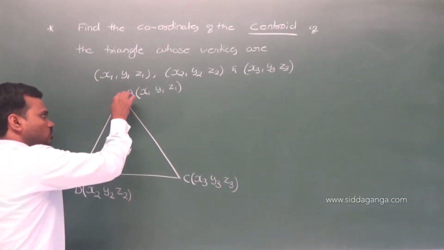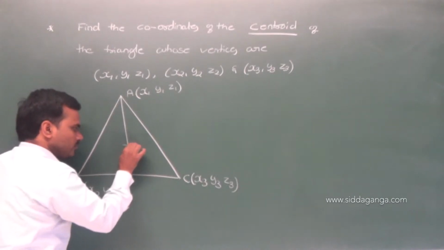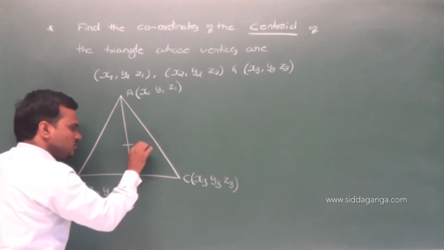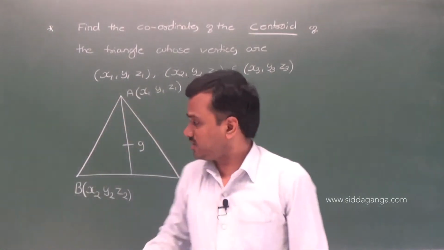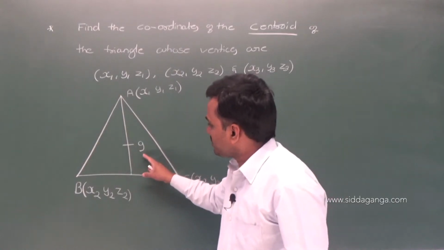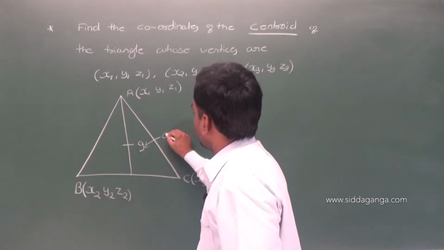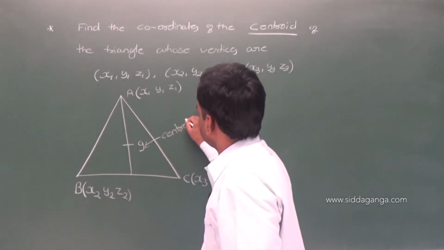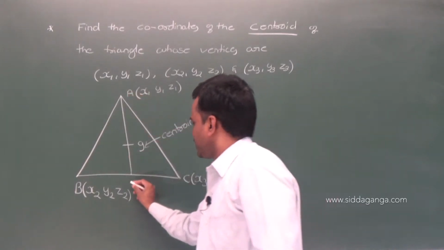Okay, so observe here, the point G, small letter G, we indicate centroid by using the alphabet small letter G. Let G be the centroid. It divides. Here it is AD.